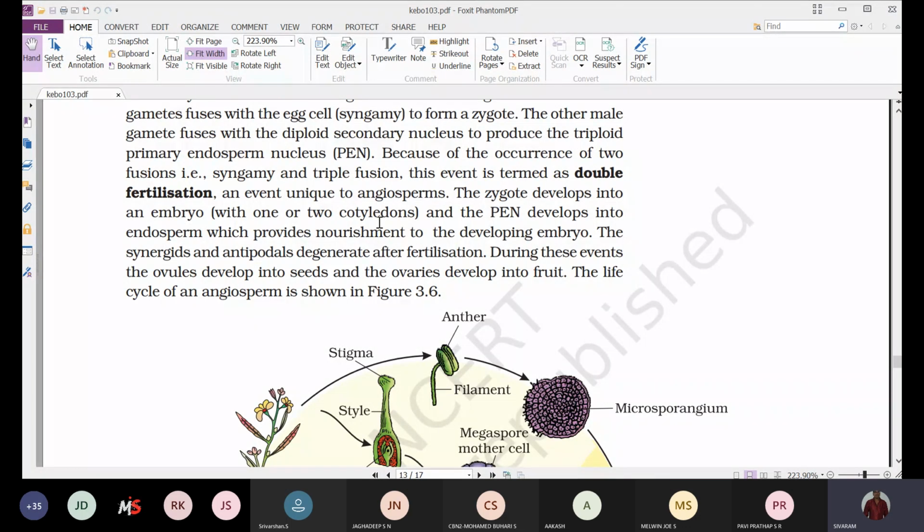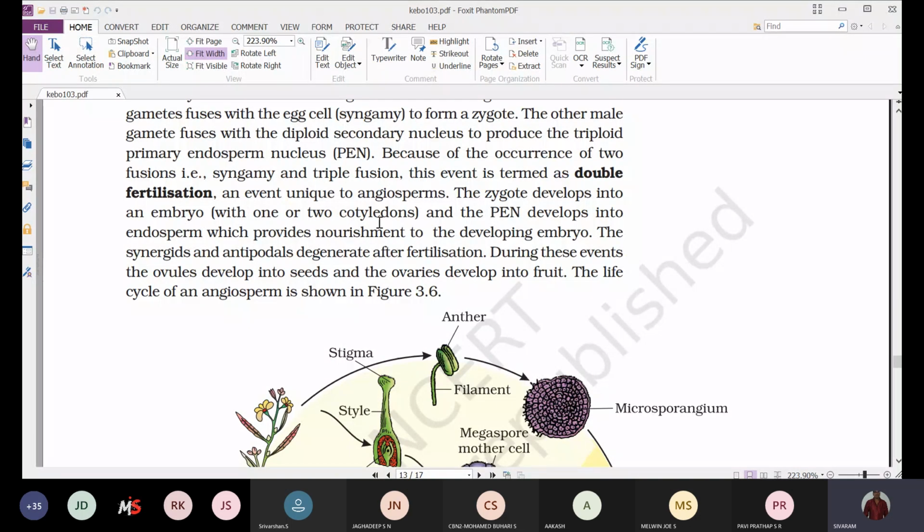Okay, the primary endosperm nucleus develops into endosperm, which is a highly nutritive tissue that will provide nourishment to the developing embryo. The developing embryo cannot take nutrients directly from the plant body.